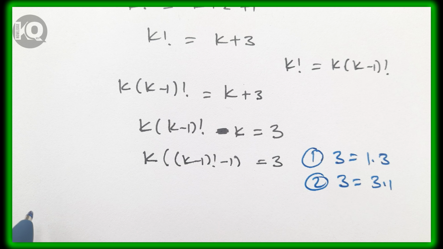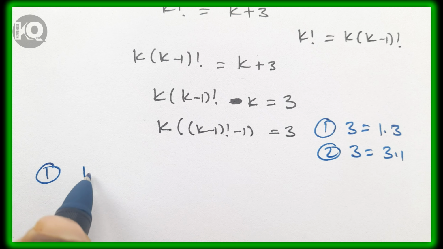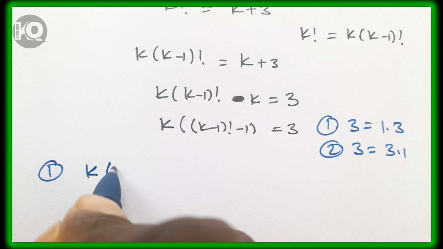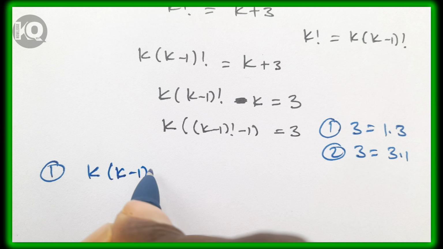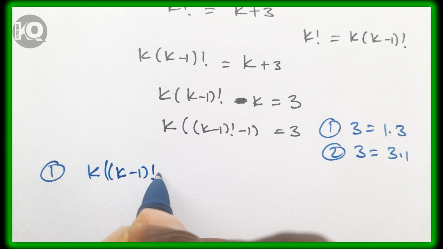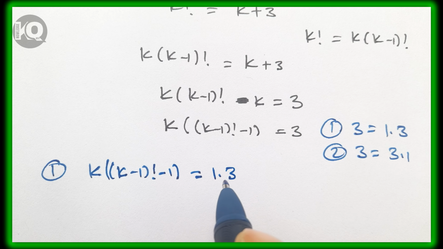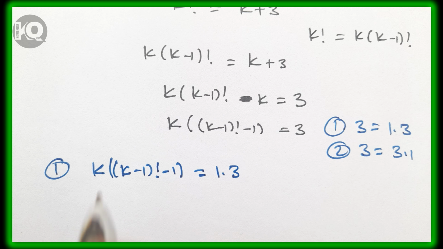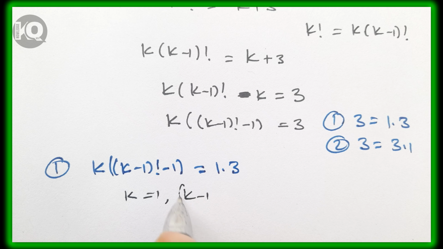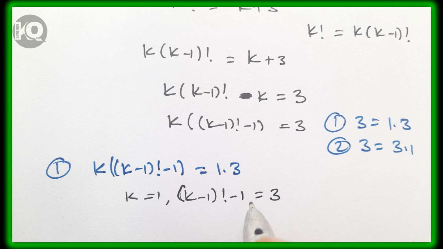Let's begin with possibility 1, which is k times k minus 1 factorial minus 1 equal to 1 times 3. From here k will be 1, and k minus 1 factorial minus 1 will be 3.